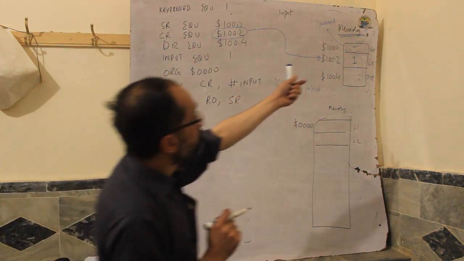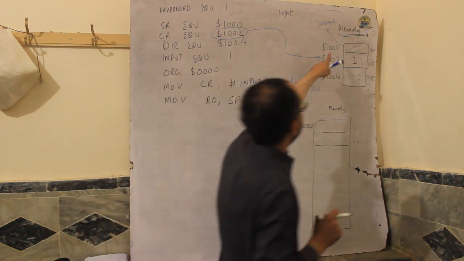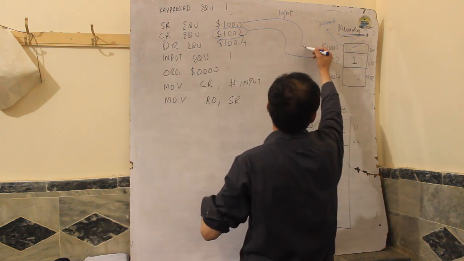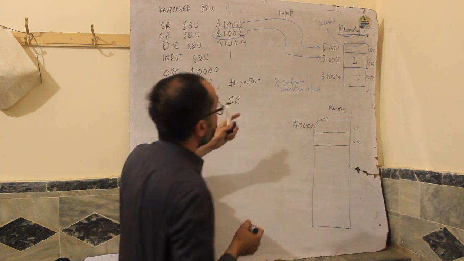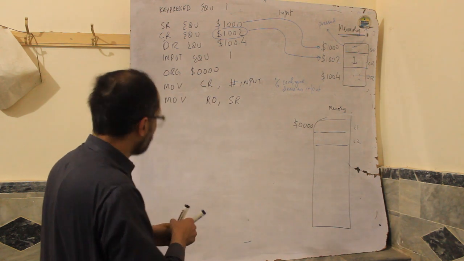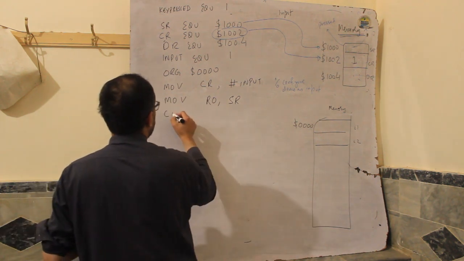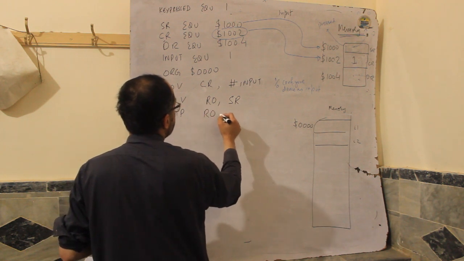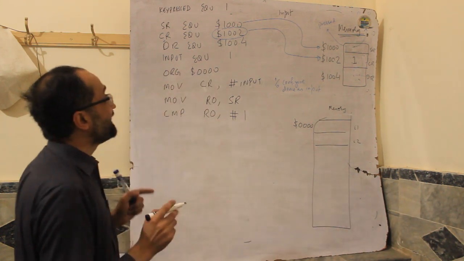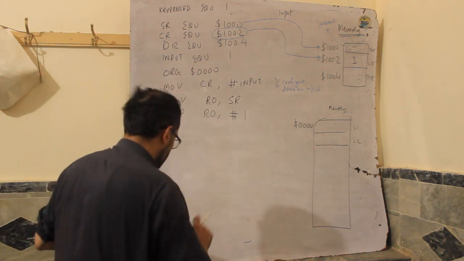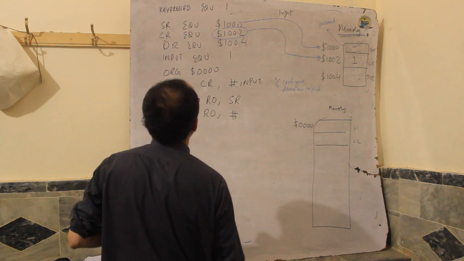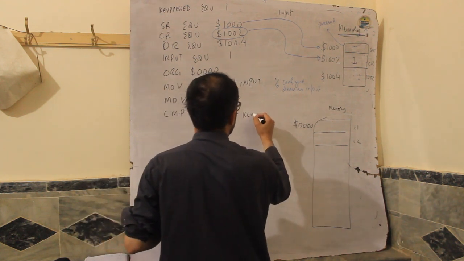So we have to move the contents of the status register, actually the address of the status register, into R0. Then we compare R0 with 1, which means that if it is equal to 1, the key has been pressed. Instead of using 1, we can use key pressed to make our program more readable.